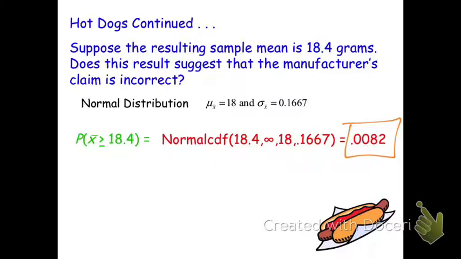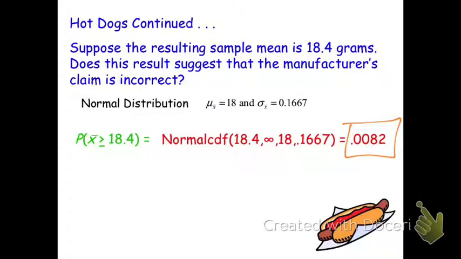So interpret this value. What does that number mean? If you were to write a sentence about that, you have to put it in context. So there is a 0.0082 chance that the manufacturer's claim is correct.